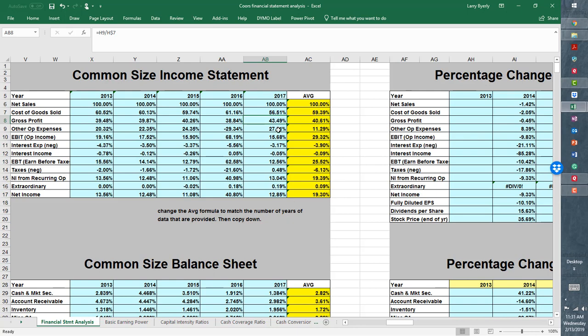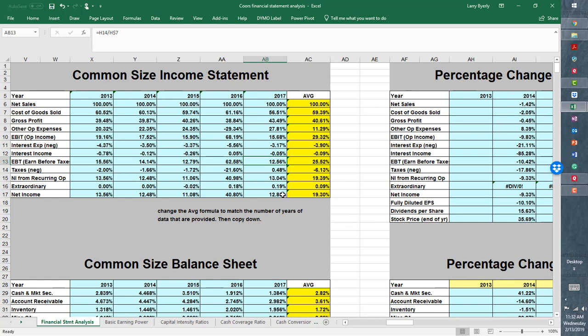If we follow down the line items, we can also then see what the relative line items are with respect to sales. So if you go down here, earnings before taxes, the profit of the company before we've calculated taxes, is approximately 12.56%, which again means after we've paid for all of the operations, after we've paid for financing, the company still has left over 12.56 cents for every dollar of sales.